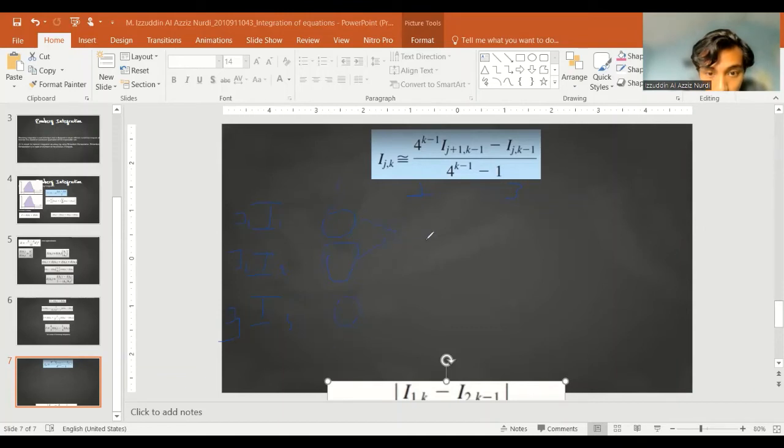So like I said before, the Romberg integration is that we take two integrals right here, and then we make them into a new integral with higher accuracy, and then we could also take it into step 3 to have more accuracy and less error.